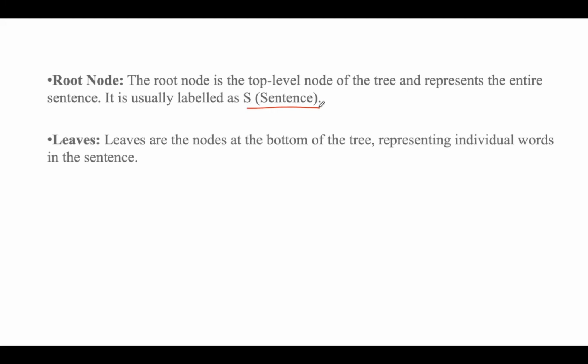Leaves are the nodes present at the bottom of the tree. They mainly represent individual words in a sentence. Suppose John is one word in my sentence. Then that individual word represents a leaf node in the sentence.